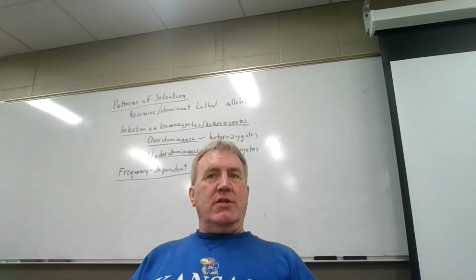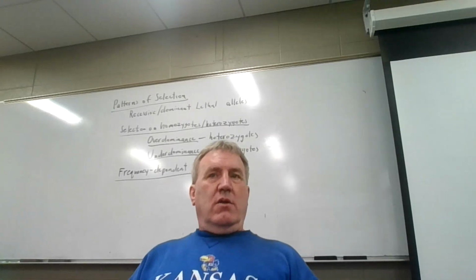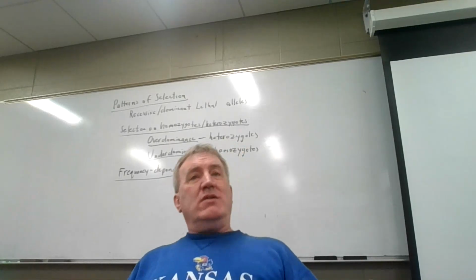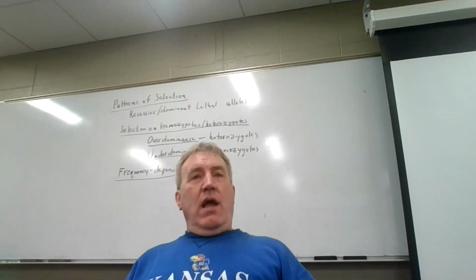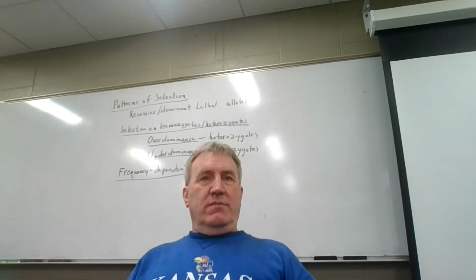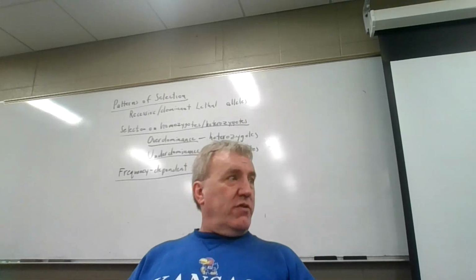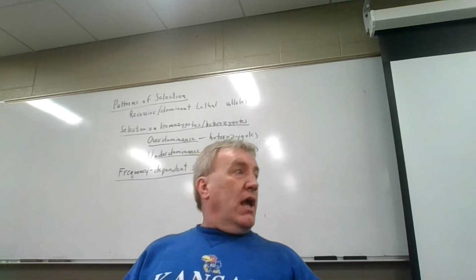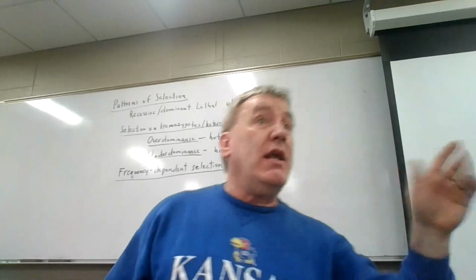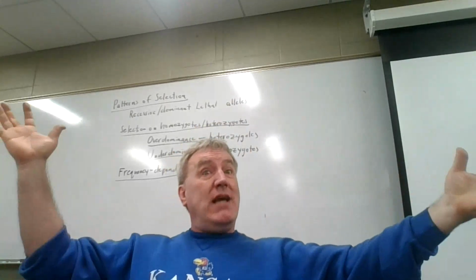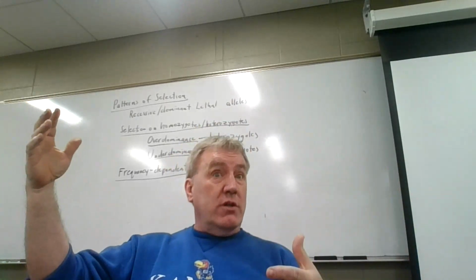Okay. It is the one that is less common. Is that frequency dependent selection? Exactly what it is. The ones that are less common are ones that get mated with more. And what does that do for the population? I'll answer your question in just a second, but answer my question first. What does that do for the population? Increases. It increases the uncommon ones, which means you're maintaining variation.